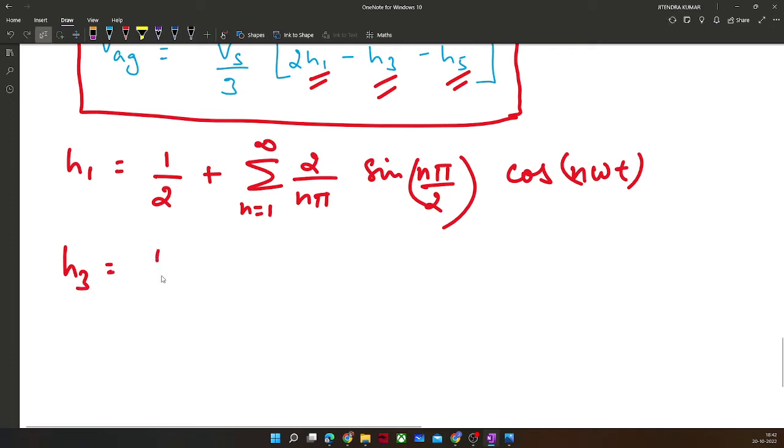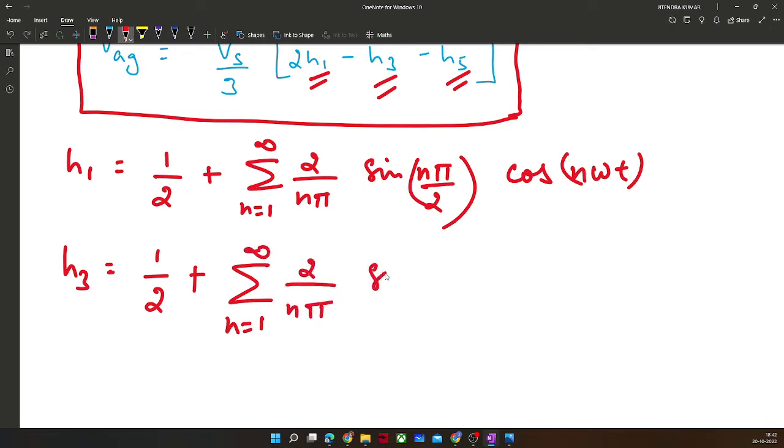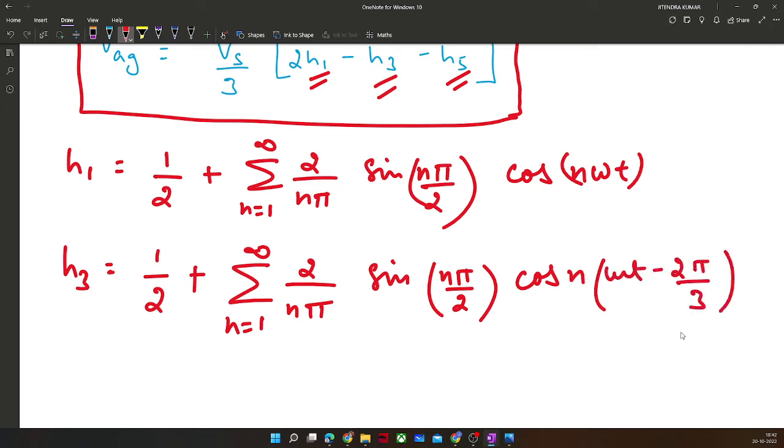H3 we can write as half plus the same, just shifted by 120 degrees: 2 by n pi sine n pi by 2 cos of n omega t minus 2 pi by 3.